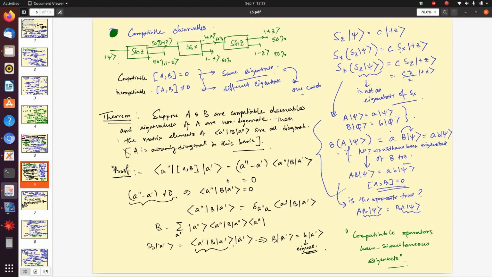Now we assume non-degeneracy, which means if we take two different states, these two different states will always have two different eigenvalues, and that means this part has to be non-zero, so that means this part has to be 0. That means all the off-diagonal elements have to be 0. So that implies this operator in this basis is diagonal. So that means this particular basis diagonalizes B, or is an eigenbasis of B.